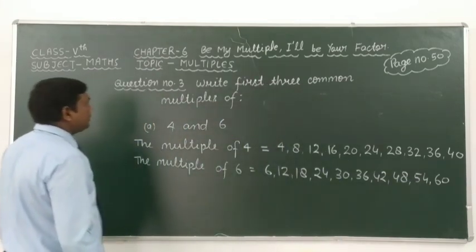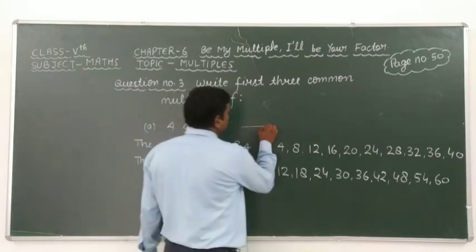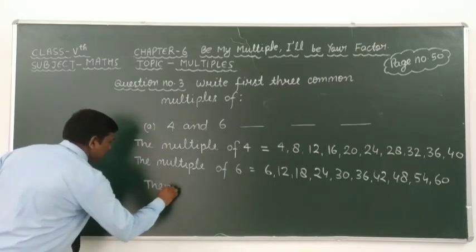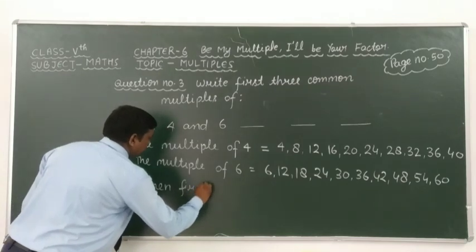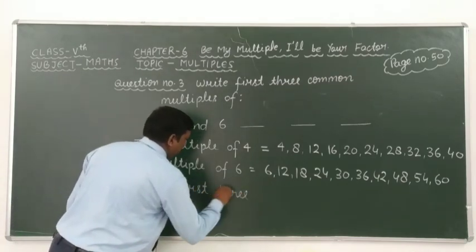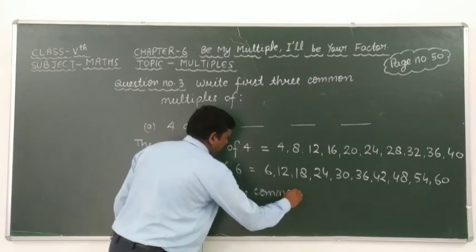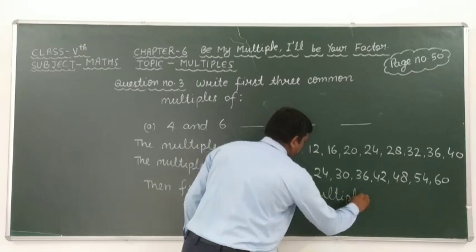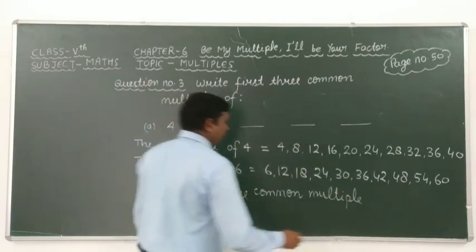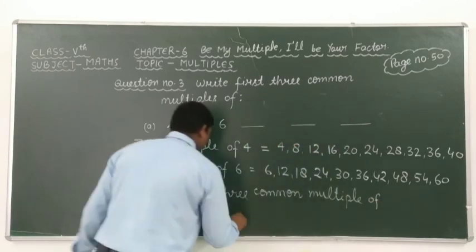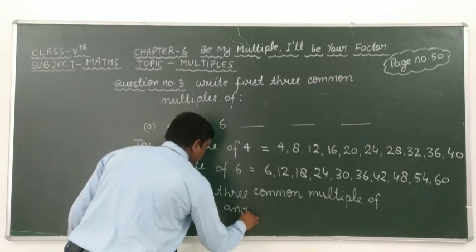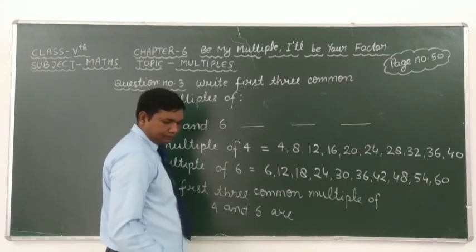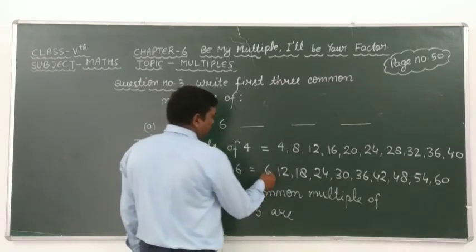Okay, then the first three common multiples of 4 and 6 are, look at here carefully.